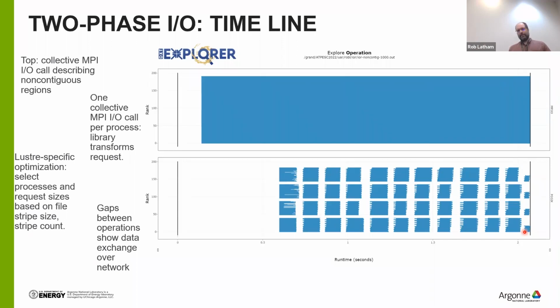You can ask the library to give you all the hints that it set, and it'll tell you how many aggregators were used. The hint is called cb_nodes. We can look at that a little more closely and see how many the library guessed was the right number to use versus how many we should have used. We can experiment with that.